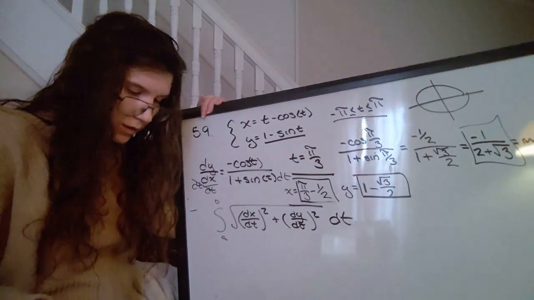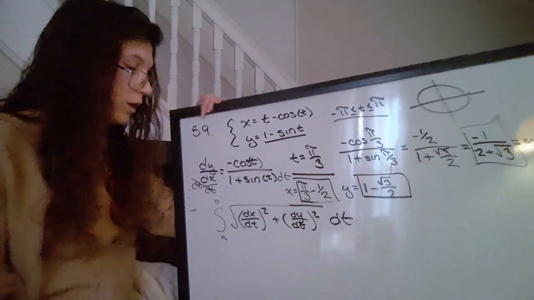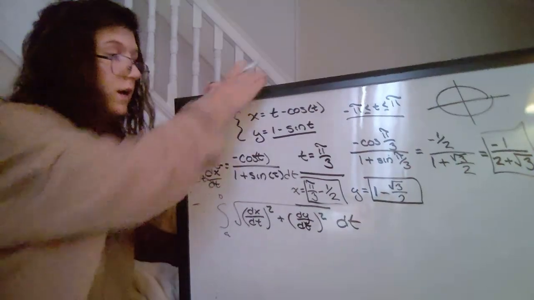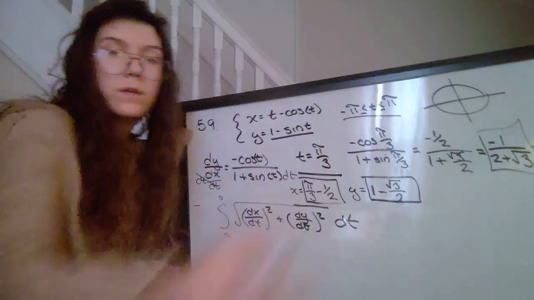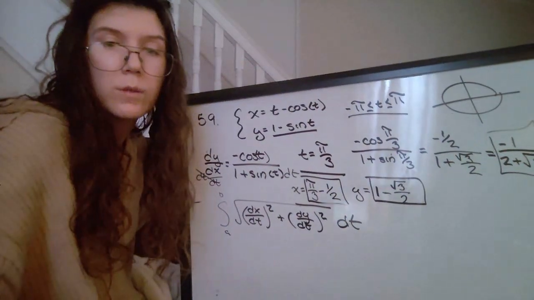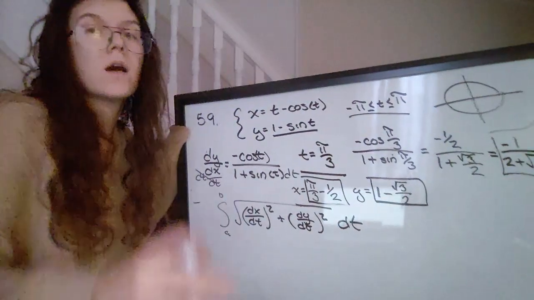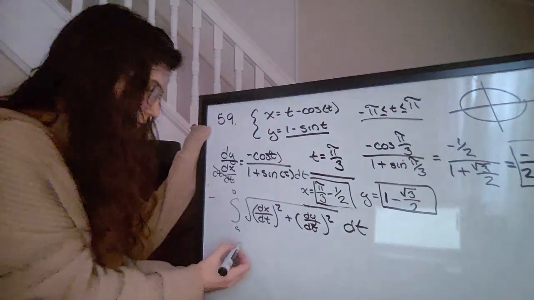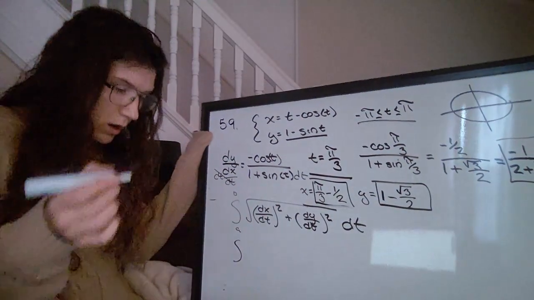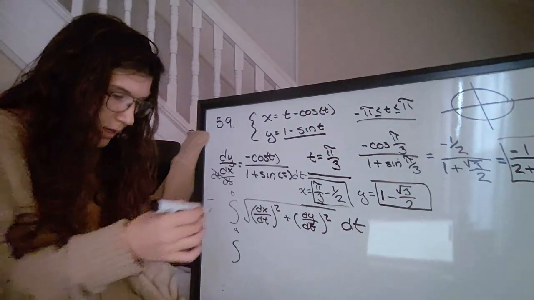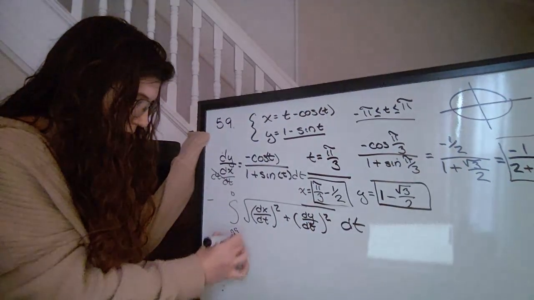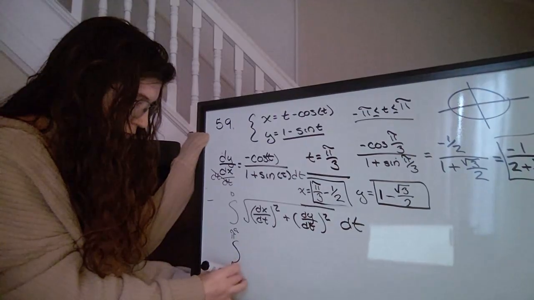Here, we already did all that work to get our endpoints with respect to time, because I believe it's the same interval. Yes, it's the exact same points. So we already found our endpoints, which are pi over 2 to pi.